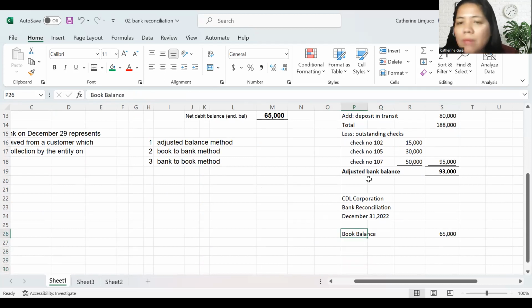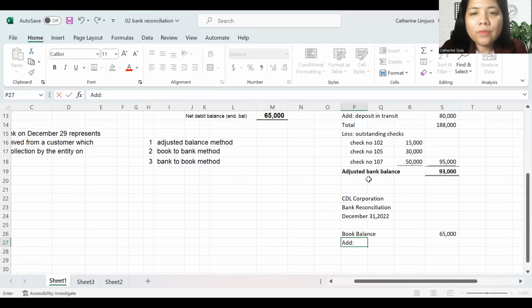So book balance, we have 65,000. What are the items that should be added? We will add the outstanding checks. Why? Because per bank, these disbursements were not taken up yet as a deduction from our cash in bank.